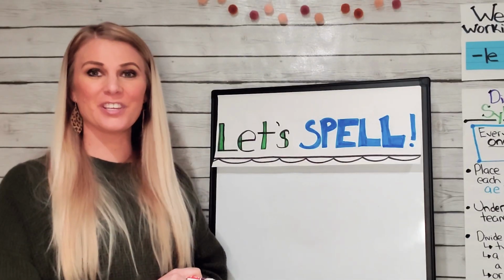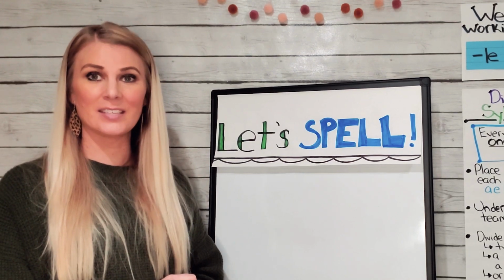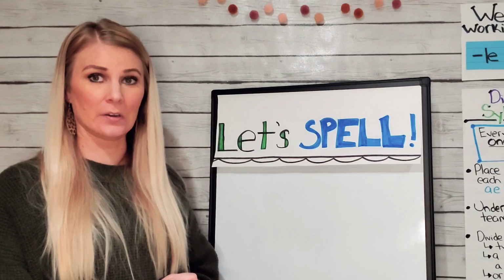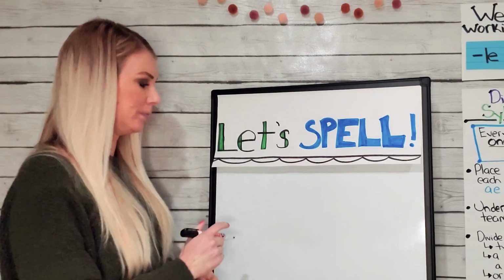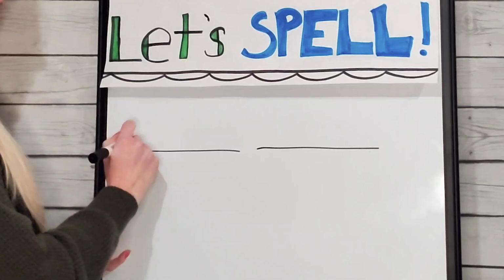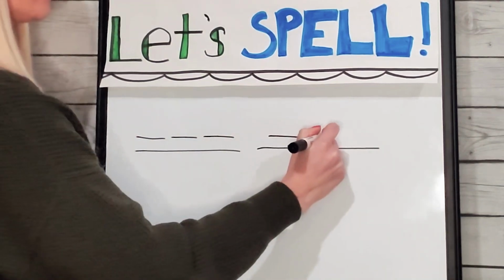Our next word is simple. Can you say that word with me? Simple. Let's think about how many word parts we hear in the word simple. Simple. Now let's listen for those sounds in each of the word parts. I hear s, i, m, p, ul.